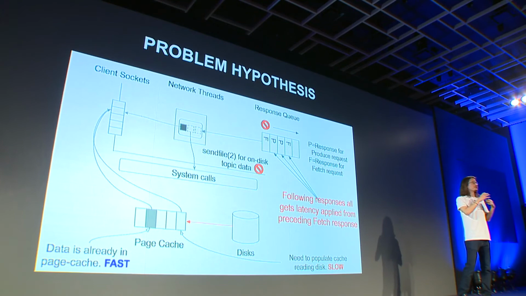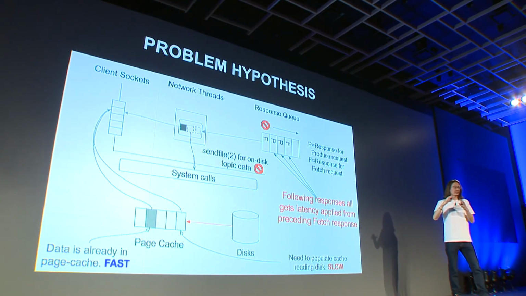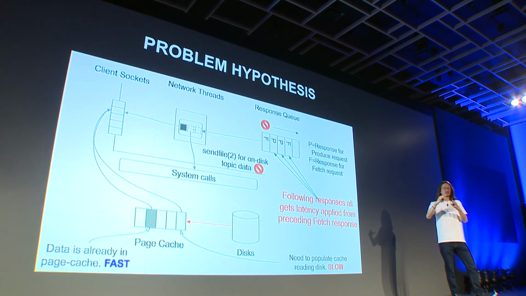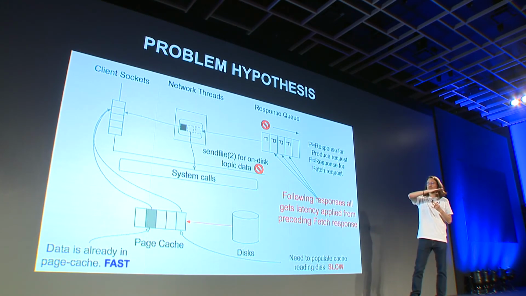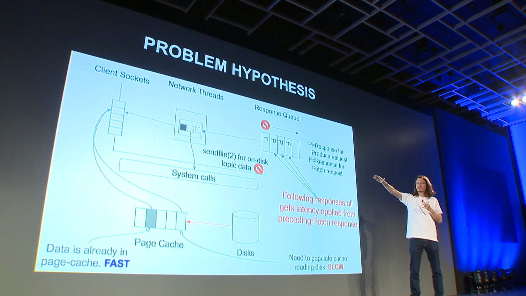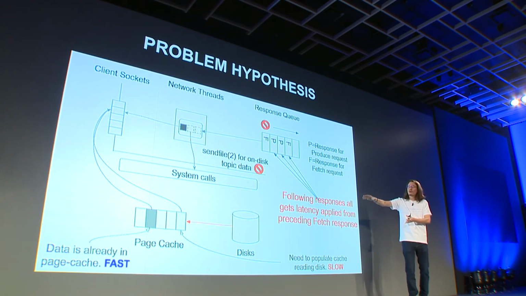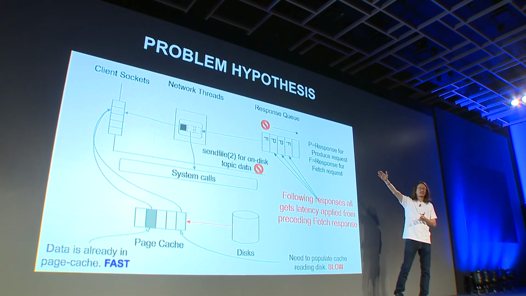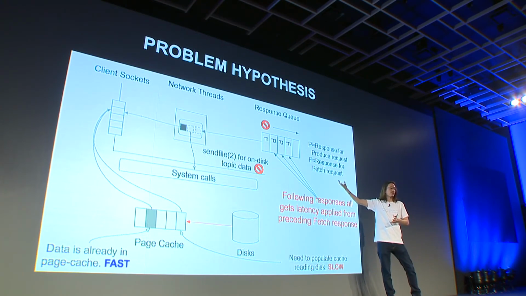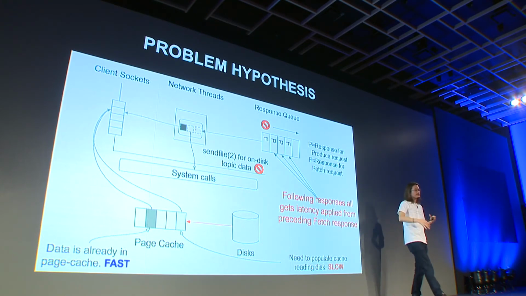If the broker processes a fetch request, and within that process calls sendfile, the disk needs to be read, and depending on that, the network thread gets blocked by the event loop. Everything else that has to be processed later, including responses on the same network thread, gets blocked.